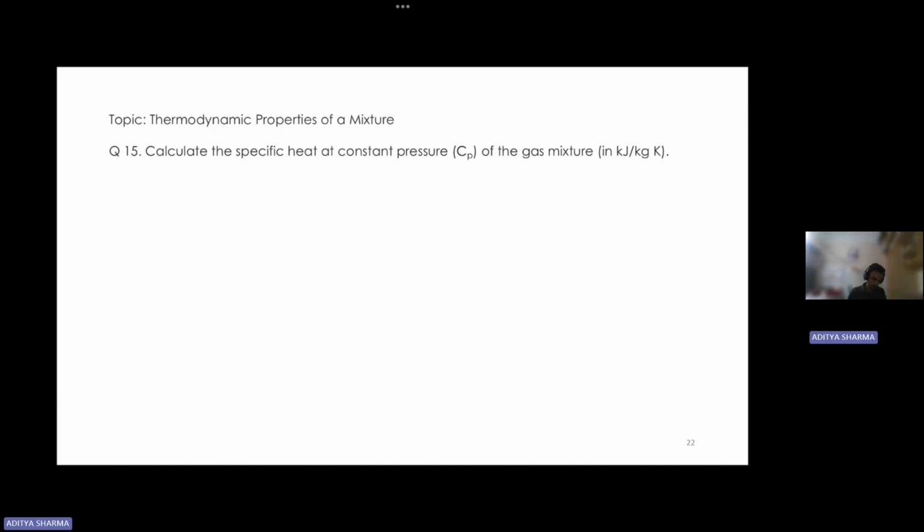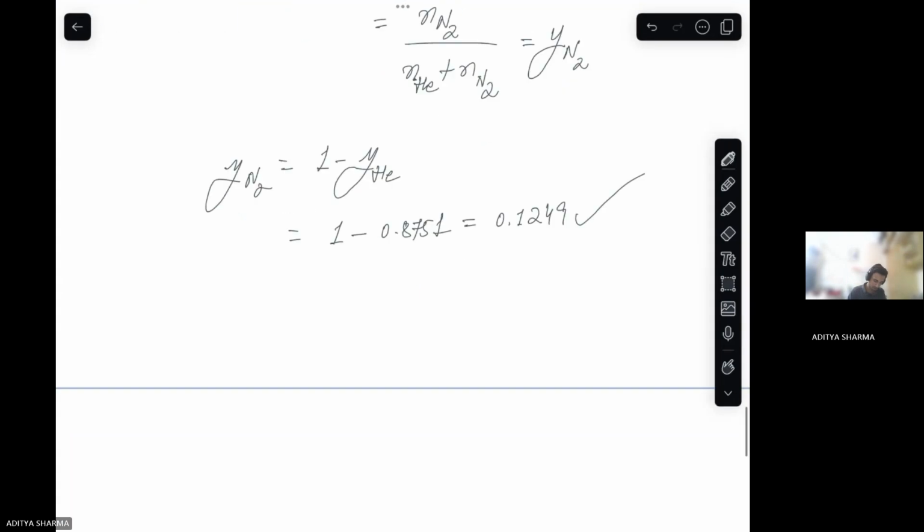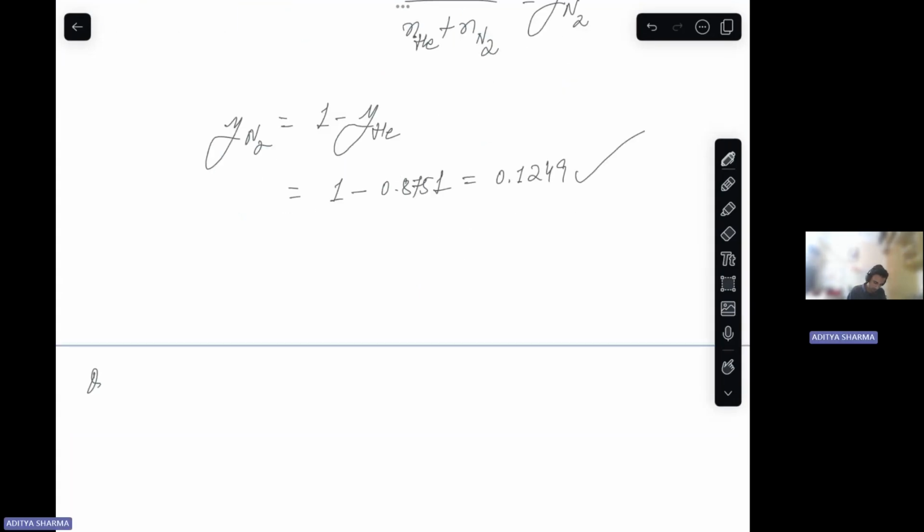So this is on thermodynamic properties of a mixture, and it says calculate the specific heat at constant pressure, that is Cp of the gas mixture. So we need to find out the Cp. So how do we do that? This is your question number 15 solution.